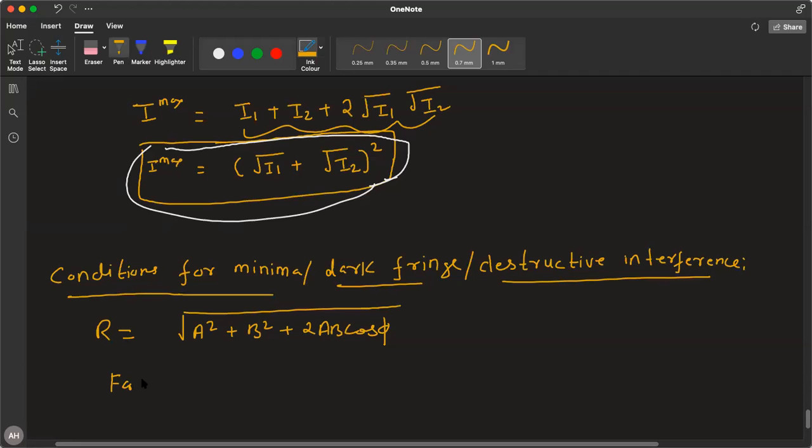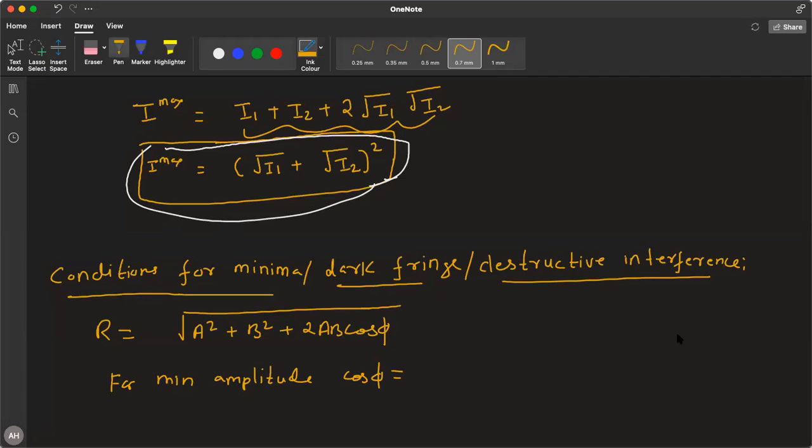For minimum amplitude, this cos phi should be minimum. Mariam, what's the minimum value of cos phi? See, the maximum value is +1. What is minimum value of cos phi?